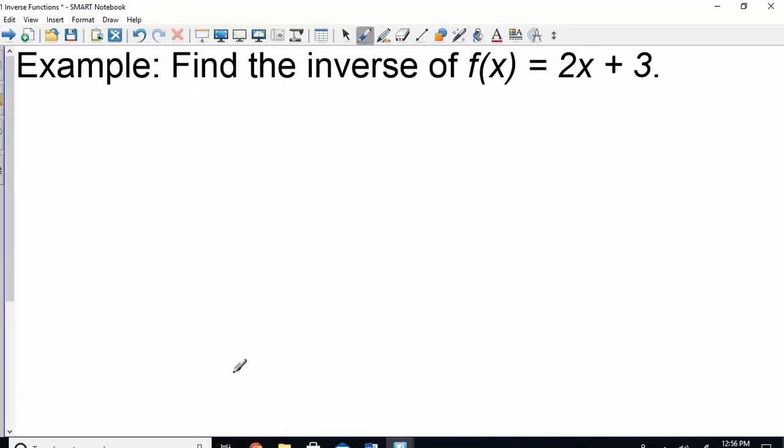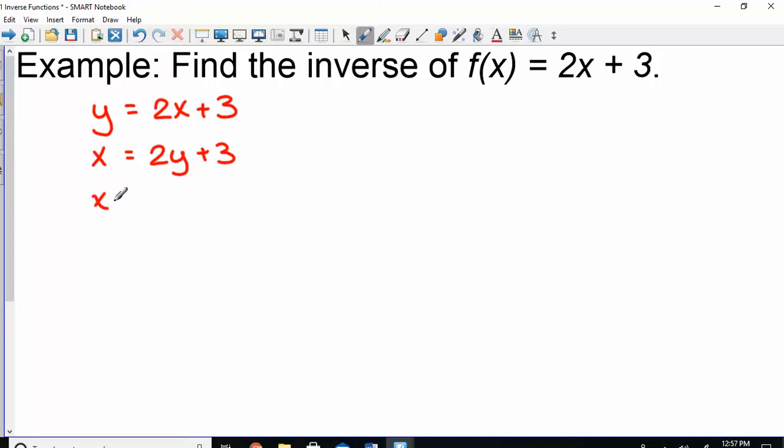So let's look at what I mean. Here's an example. Step 1 is change f of x to a y. Step 2. What does an inverse do? So if I do that, I get x equals 2y plus 3. Now, if I want this written in function notation, I have to have it y equals.